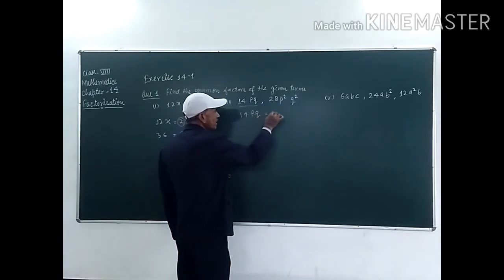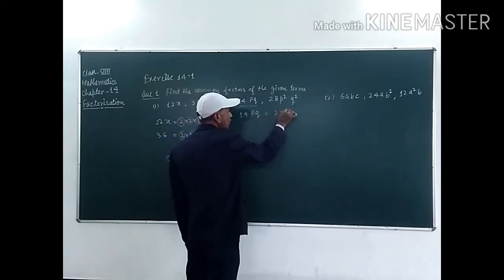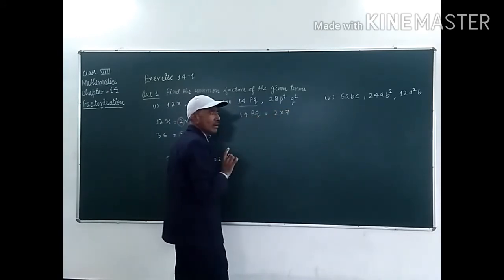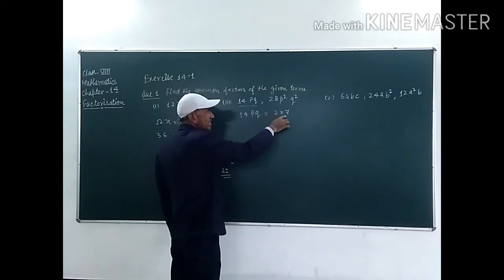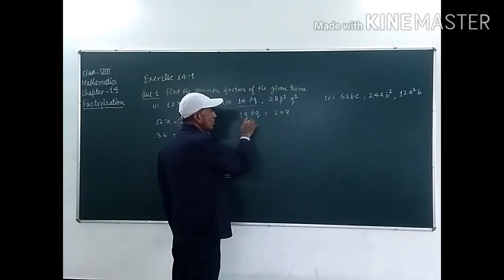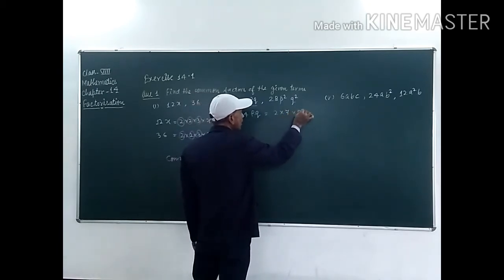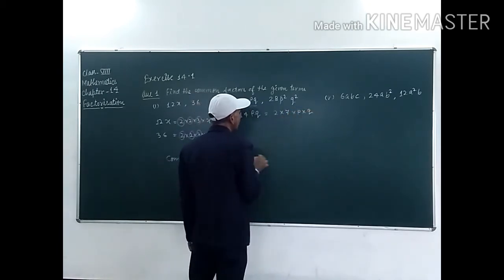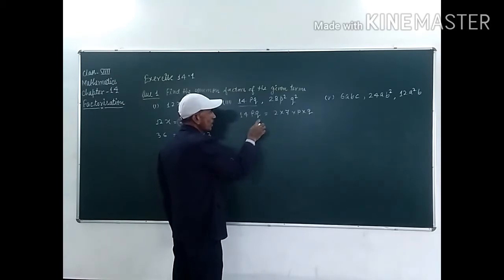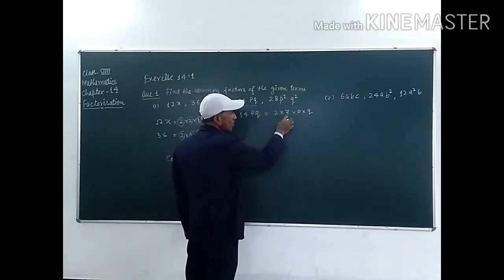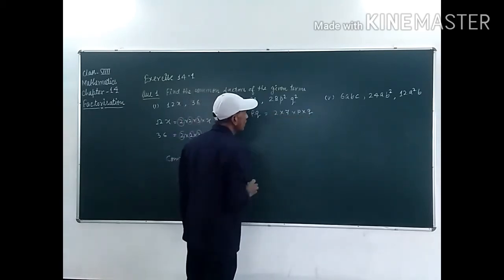So the prime factors of 14 will be 2 into 7, 2 sevens are 14, and these numbers are prime numbers. So 2 into 7 into p into q. So the prime factors of 14pq are 2 into 7 into p into q.